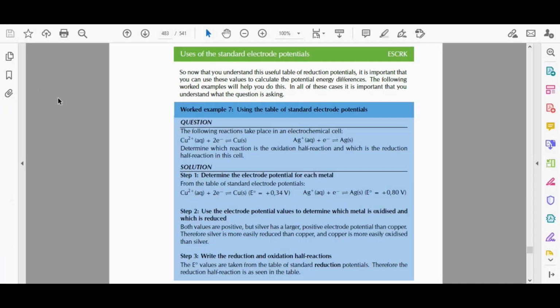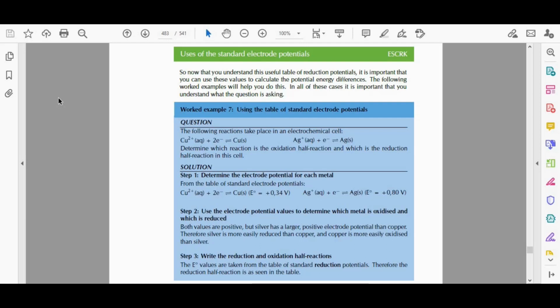Taking just a little bit of an example, we're having a look at the standard electrode potentials. Again, we're looking at copper and silver in this example. They have said that the following reactions take place in an electrochemical cell, and they have written the reactions straight from the table of standard reduction potentials, in the reduction format.